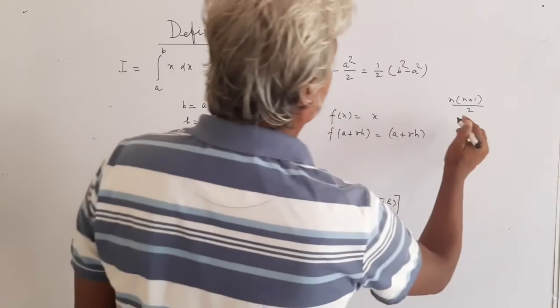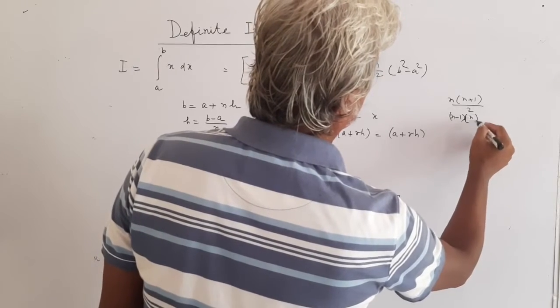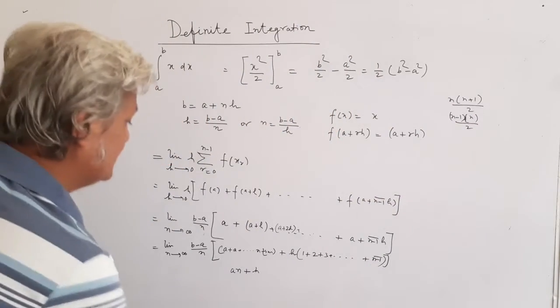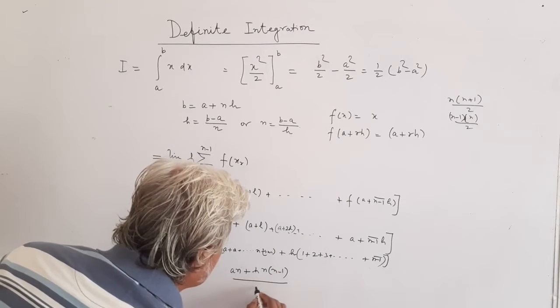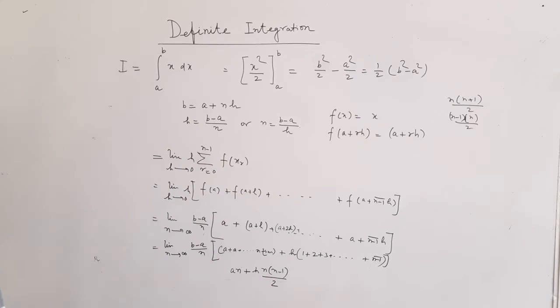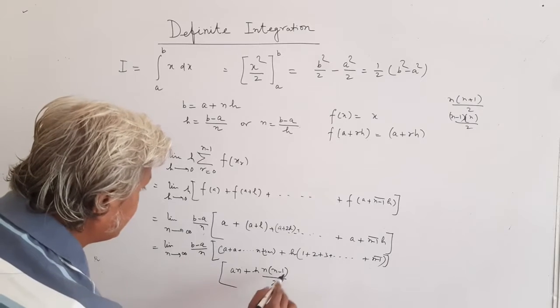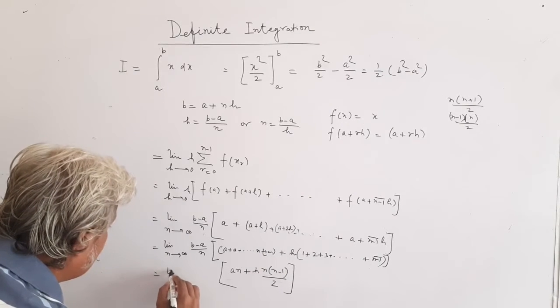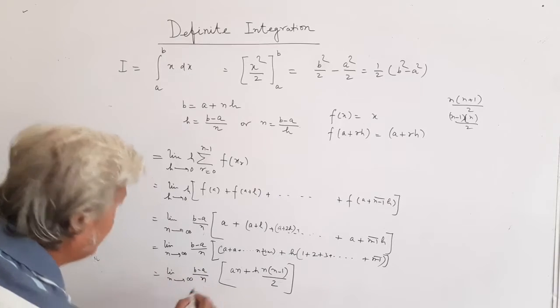This will become n minus 1 and n by 2. So here you write the limit n tends to infinity of b minus a over n.